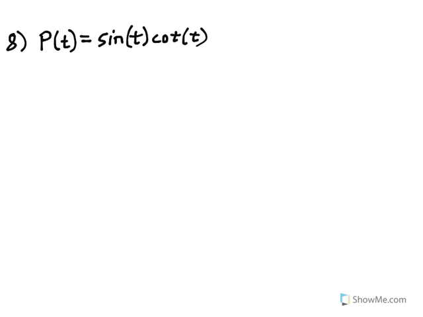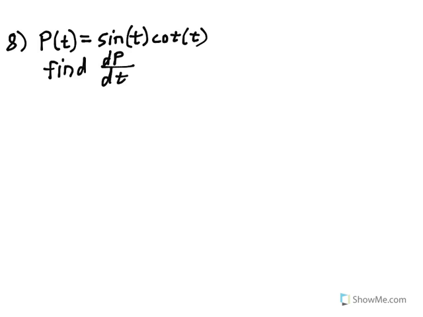Okay, got trig functions galore here. p of t is equal to sine of t times cotangent of t. Oh, I forgot to ask you a question. So let's say the question is find dp/dt. Okay.